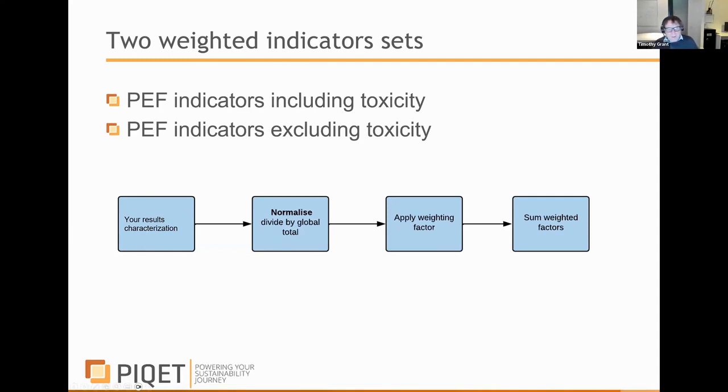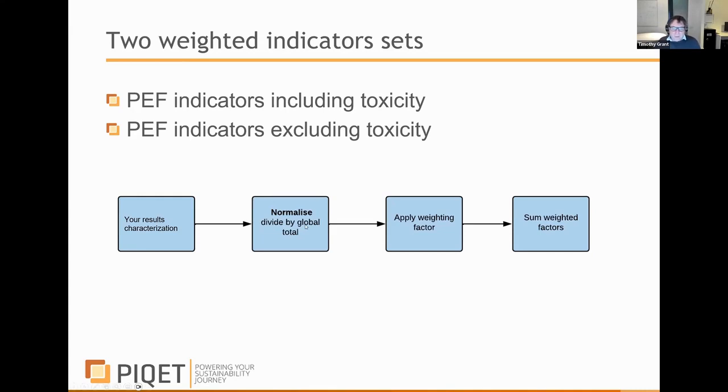So these are kilograms of CO2 equivalents and cubic meters of water equivalents and kilograms of PM 2.5 equivalents and alike. Dividing the results by the total impacts per year of each impact category. And so that's called normalization, where you really look at how much your product contributes to each impact category compared to all the other contributors to that impact category.